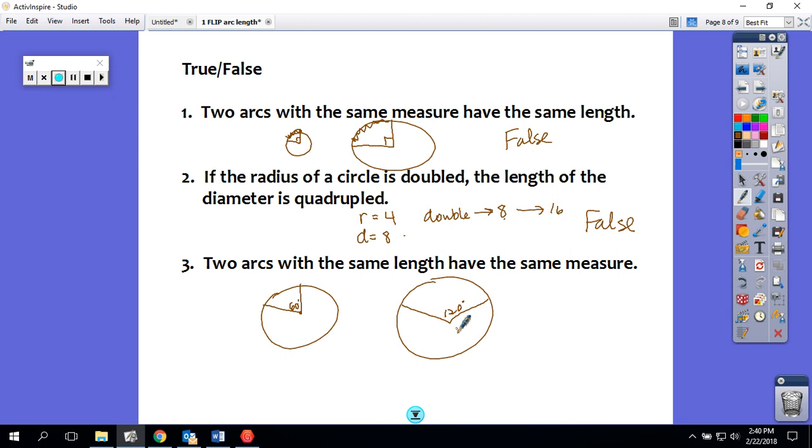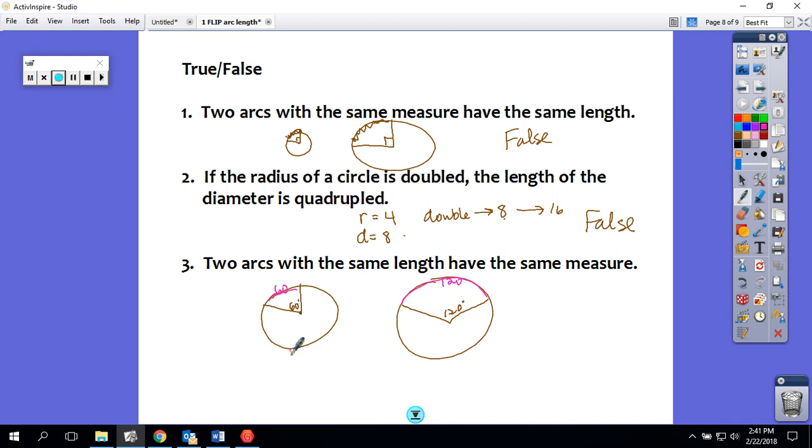Would there ever be an instance when those arcs would be the same length, but the measures, obviously, are different? So this is 120 for a measure, this is 60 for a measure. Could it ever be true that those arcs would have the same length? And the answer to that is yes.